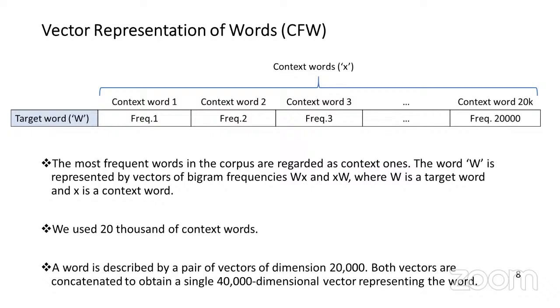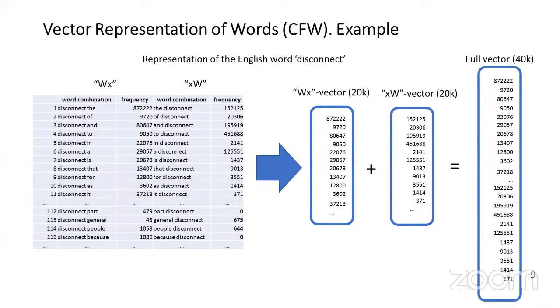For example, we have some word, a so-called target word, and we have many bigrams. These are frequencies for this word with other words. Using these frequencies, we construct vectors. For example, the word disconnect is the target word, and we have many context words like they, of, and, who, in, and so on. Totally 20,000 words.